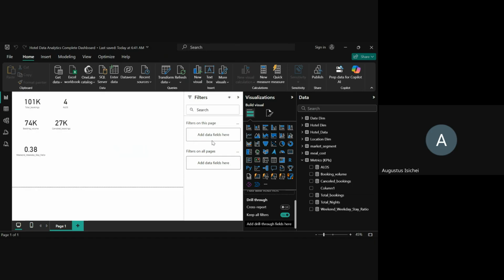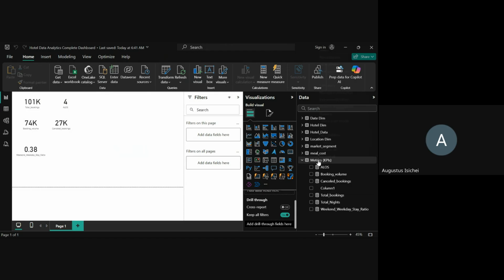I'll be using a SUMX in this case, over the hotel booking data, multiplying the ADR by the total nights. So the formula we're using there is simply SUMX of booking, comma, ADR multiplied by total nights. Let's see how that goes.